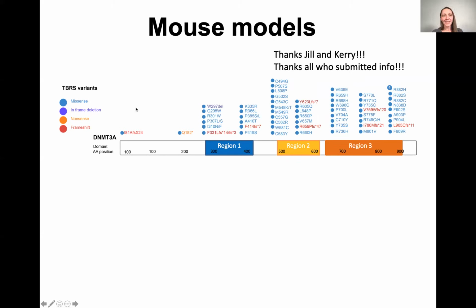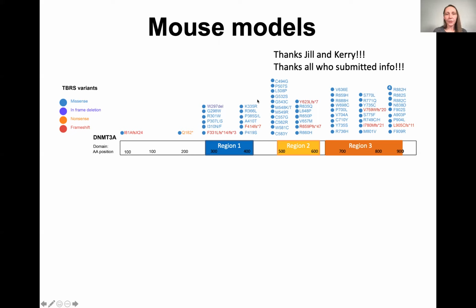Oh, and this really nice cartoon here was generated by collecting the mutation data from individuals who've contributed to the TBRS registry. And Carrie and Jill have done a remarkable job at collating all this information and would pass it along to us so that we could really generate a pretty clear picture of all the mutations that we've identified so far in TBRS. And thanks to all of you who submitted information to contribute to this as well.